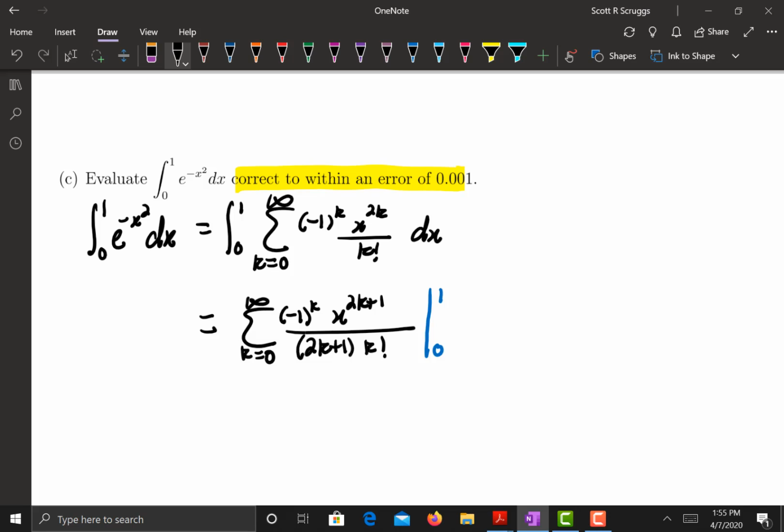Which, when I do that, I'm going to do the right endpoint minus the left endpoint. But my left endpoint, so I'm plugging in 0, and since this is just having x everywhere, I'm just going to get 0 regardless.